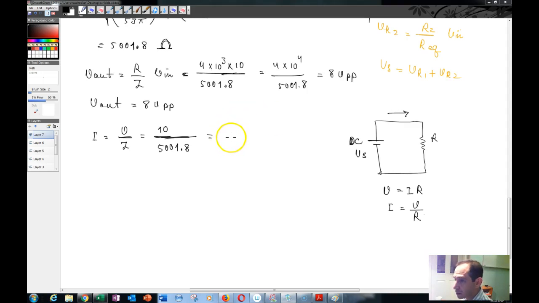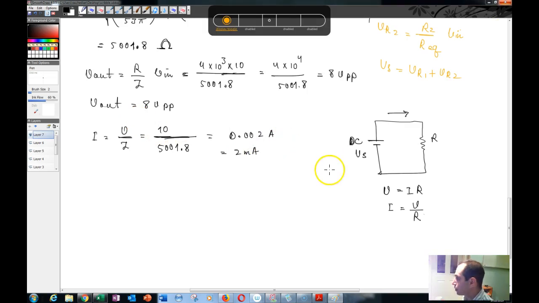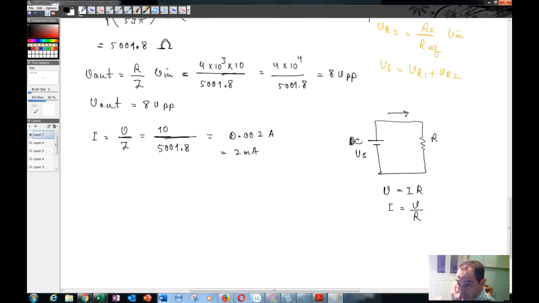It's equal to 0.002 amp, which is equal to 2 milliamp. So that's basically your current over there. So your I is equal to 0.002 amp, which is equal to 2 milliamp.